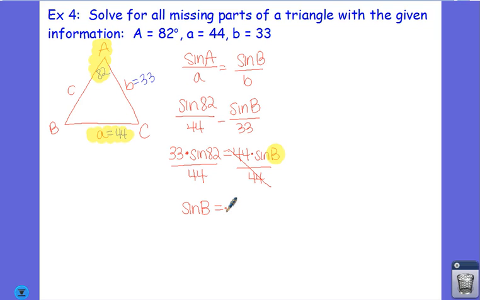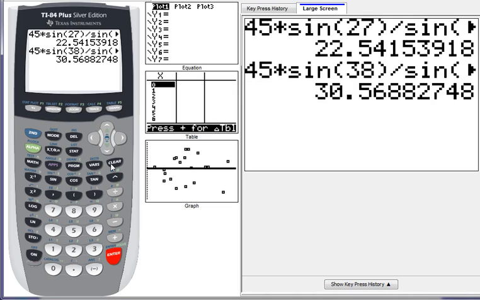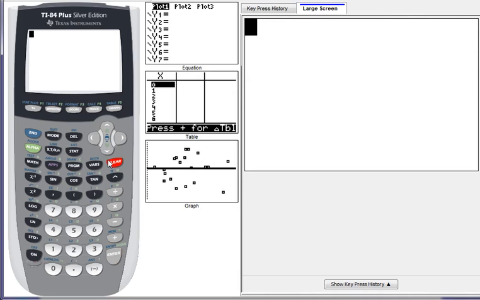So we're going to switch to our calculators and we're going to type all of this in the calculator at one time. So make sure you're typing it in right. It is 33 times sine of 82, close that parenthesis, divided by 44.